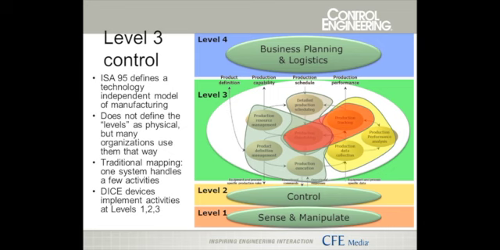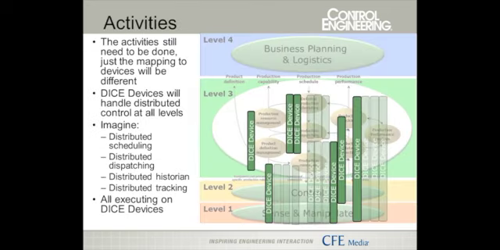The DICE devices today really give us a way to change that entire mapping. Doesn't change the activities because we still need to perform those activities inside the system. But what it does give us that capability to do is provide a different mapping of the devices so that these DICE devices can handle distributed control at all levels.